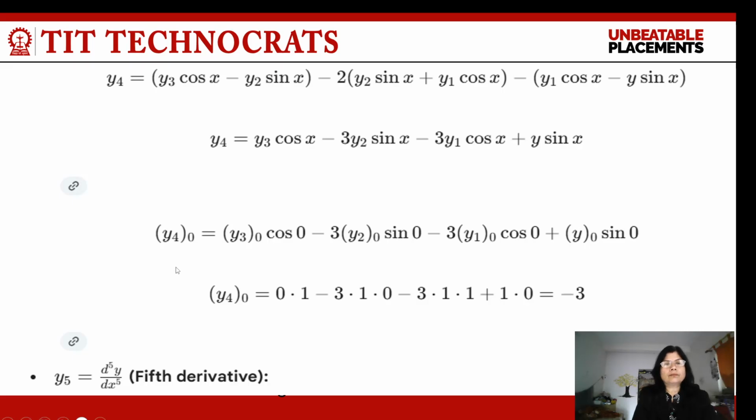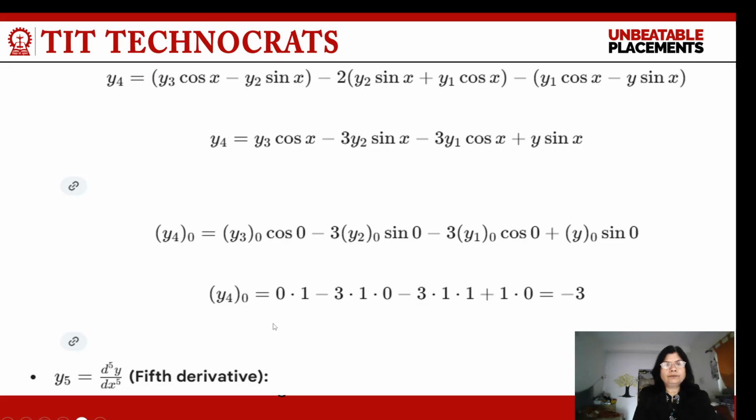Now put x is equal to 0, that is y3(0) cos 0 minus 3y2(0) sin 0 minus 3y1(0) cos 0 plus y(0) sin 0. We put the values, cos 0 is 1 and sin 0 is 0.